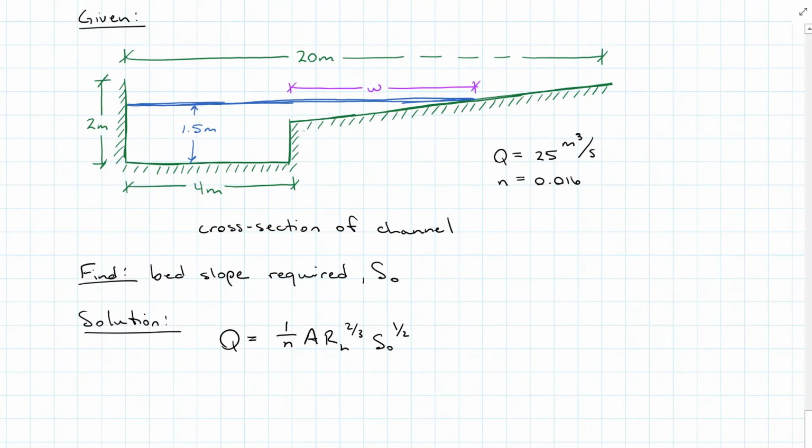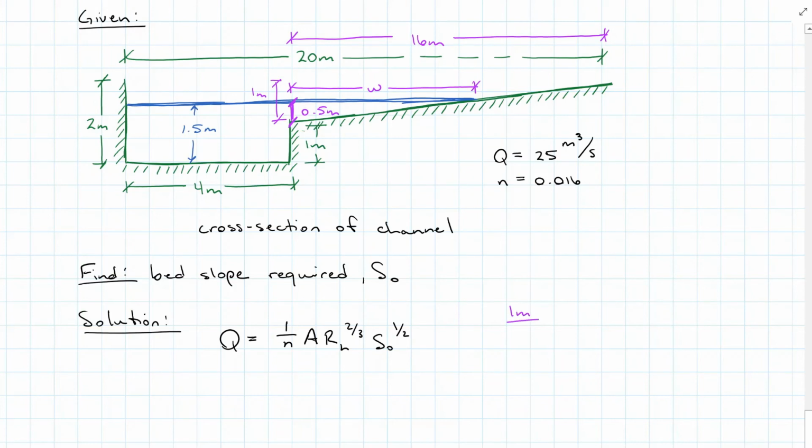I can find it with similar triangles. I know that this portion is going to be 16 meters, and it is acting at 1 meter depth. And my portion here is acting at a 1/2 meter depth.